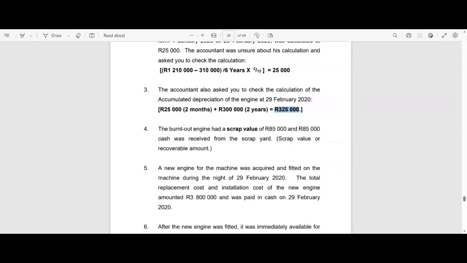Right, exactly. In other words, you simply took the carrying amount, which was 885,000. There, Mr. Culloden gives us the calculation. It was 885,000 less the recoverable amount of 85,000. So that means our impairment loss is 800,000.